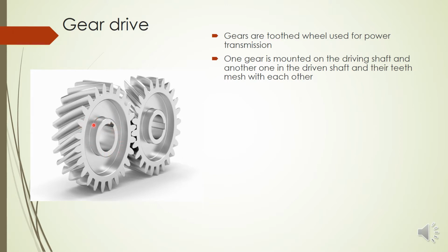So when the driver gear rotates, this gear will rotate. So already this gear is meshed with the driven gear, so it will rotate the driven gear in the same direction. And obviously we have the driven shaft at the center of the driven gear, so it will also rotate. So like that we can transmit power from one shaft to other using the gear drive.